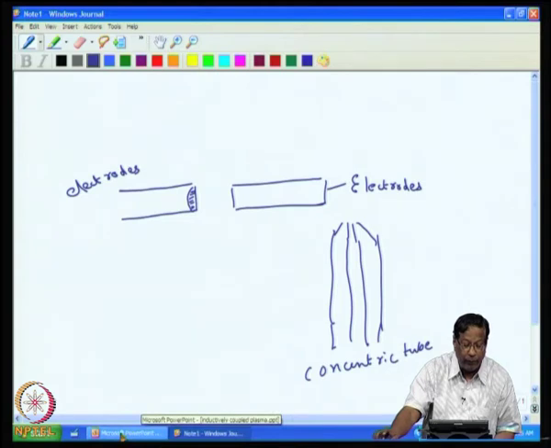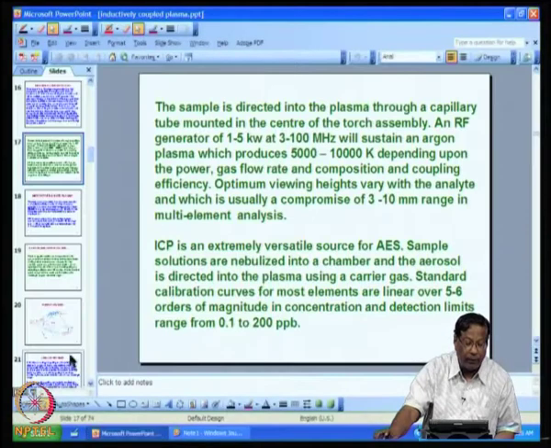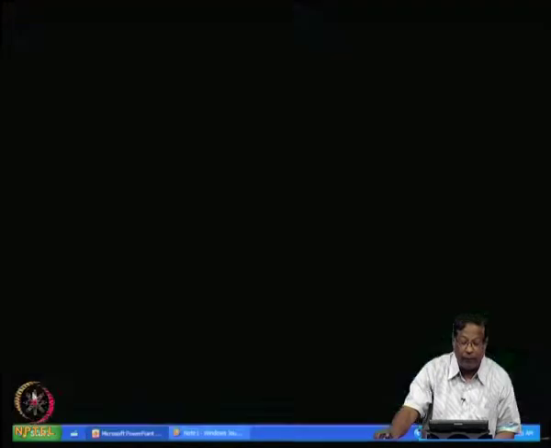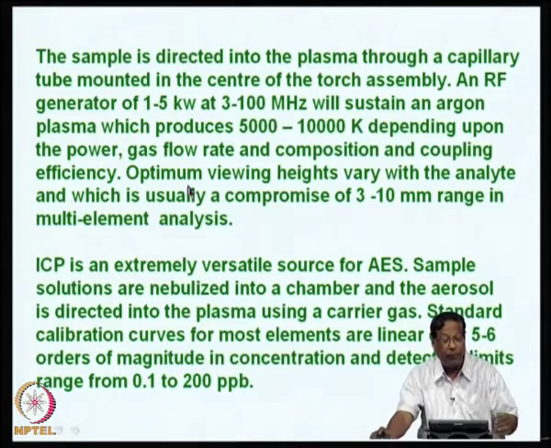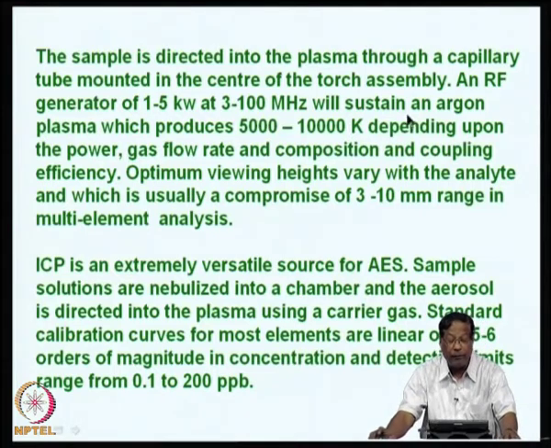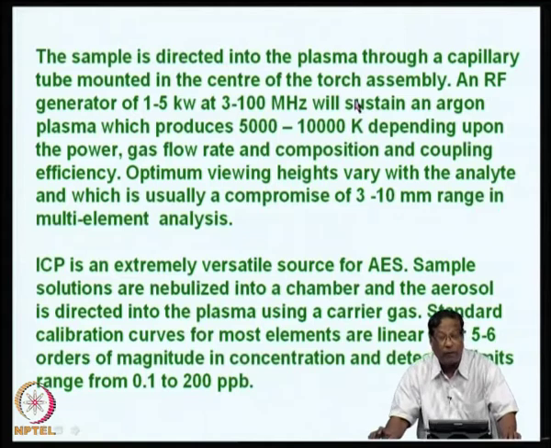Let us look at the system now. An RF generator of about 1 to 5 kilowatt at 3 to 100 megahertz will sustain an argon plasma.